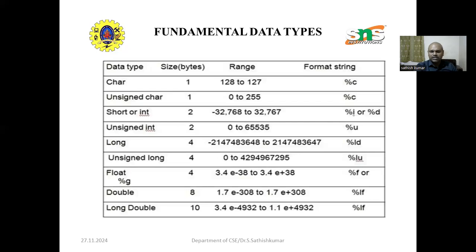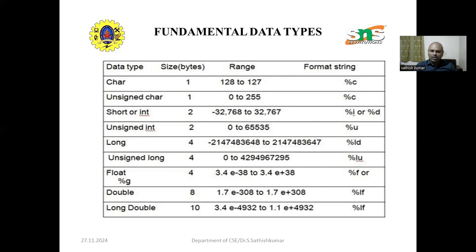Here is the chart of the fundamental data types. The character has a size of 1 byte, and its values range from -128 to 127. The format string is %c. Unsigned char is 0 to 255, %c.